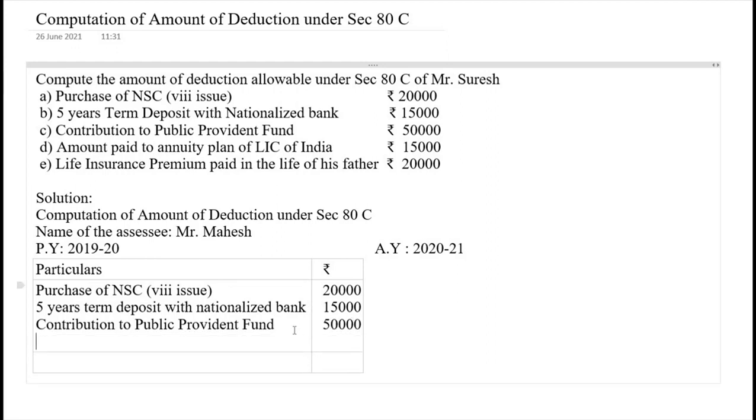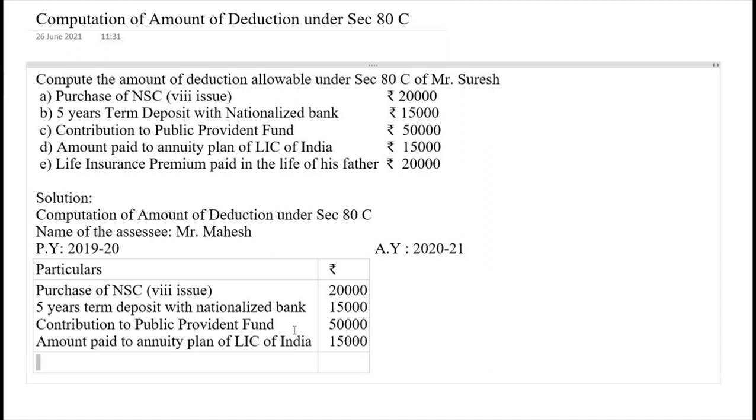Then next, amount paid to annuity plan of LIC of India, rupees 15,000. So the total gross qualifying amount comes to 20,000 plus 15,000, 35,000; 35,000 plus 50,000, 85,000; 85,000 plus 15,000 comes to 1 lakh.